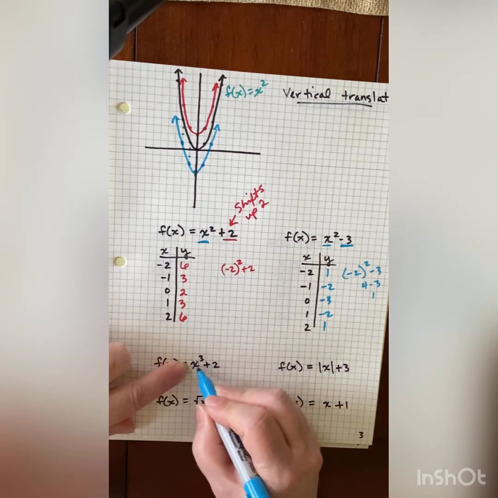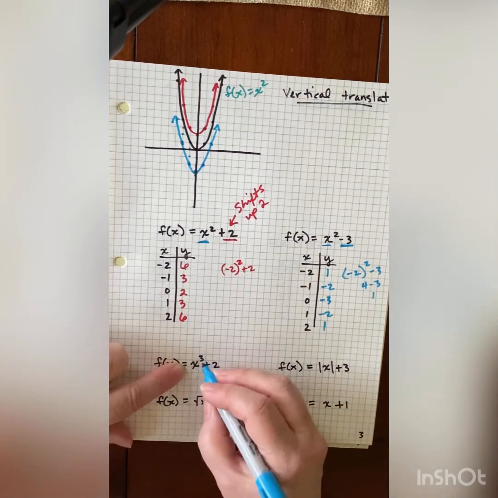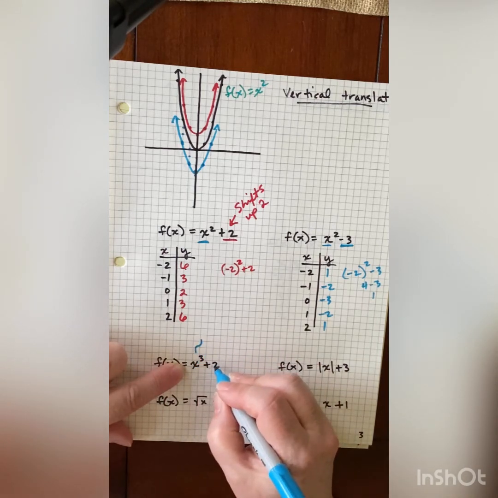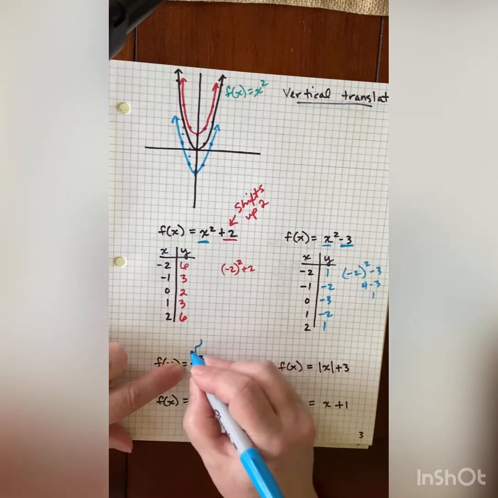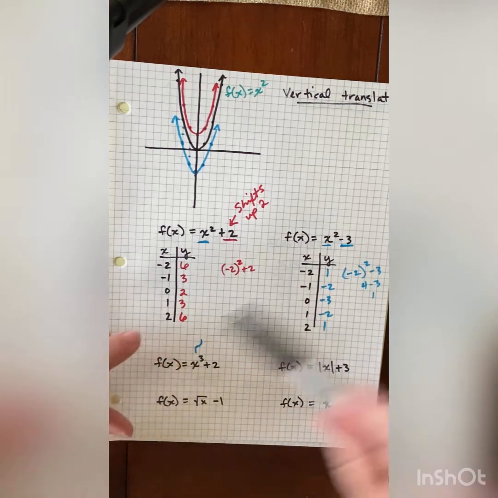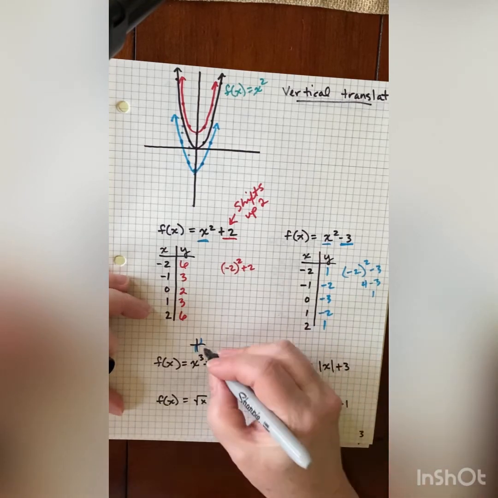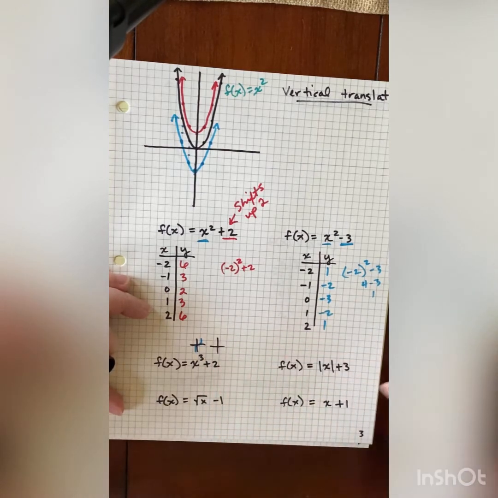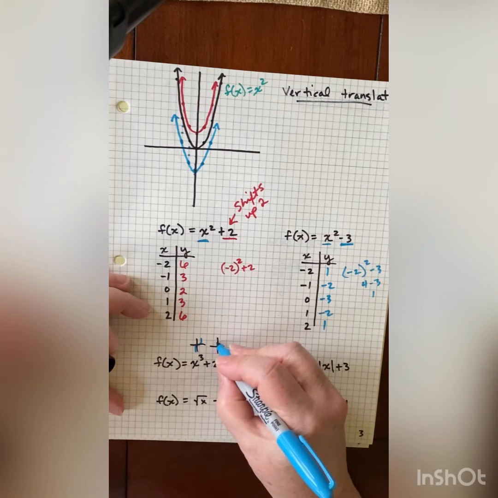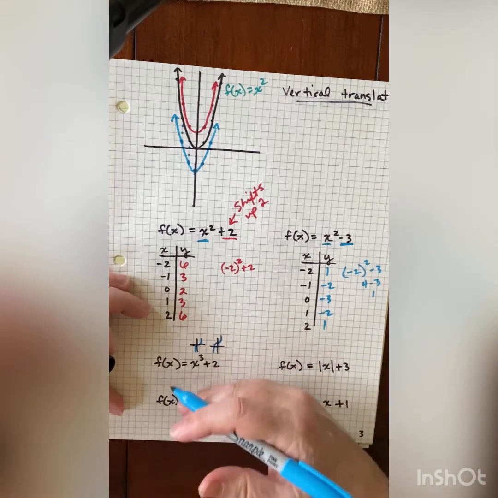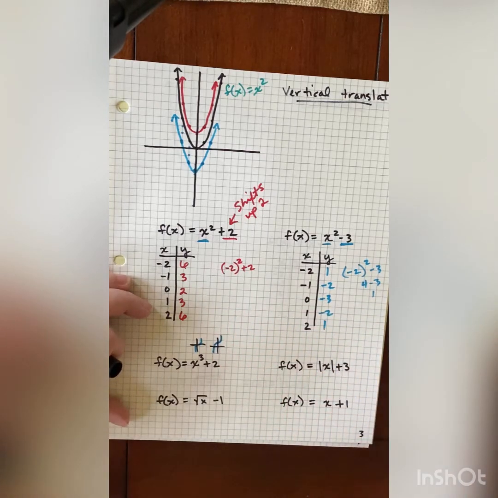Since I have a cube, that's that S-shaped one, and it adds 2 to it. Normally it would go through right there, but now it's going to go through up there at 2. So it'll be like that. It shifted everything up 2.